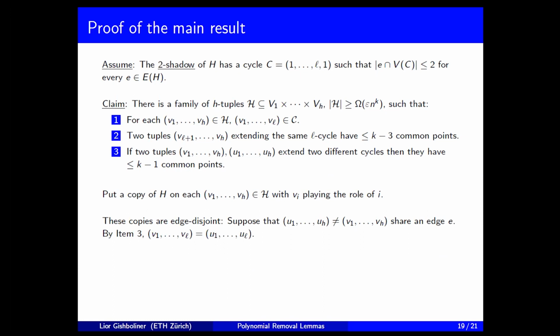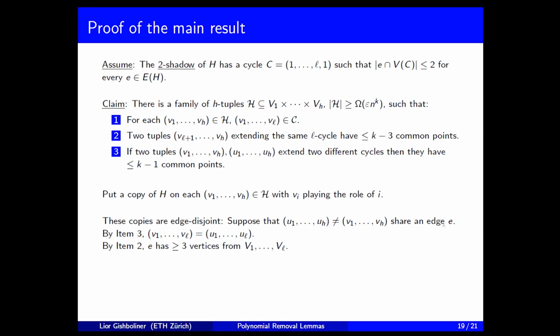So if we look at the first L coordinates, we have the same points. But now, by the second item, the last h minus L coordinates can have at most K minus 3 common points. But because there are K common points, at least 3 of the common points must be in the first L coordinates.